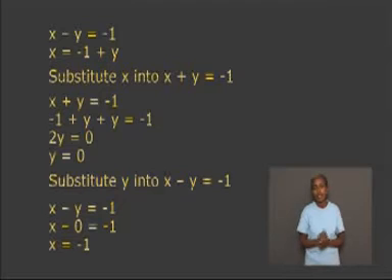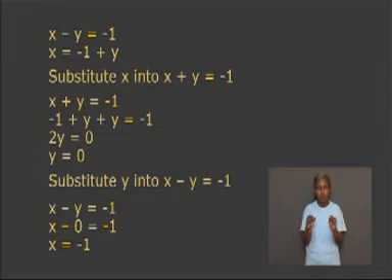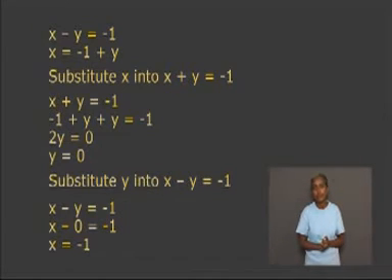In the second case, we can use substitution to solve for x and y. We substitute x into x plus y equals negative 1. Then substitute y into the equation.